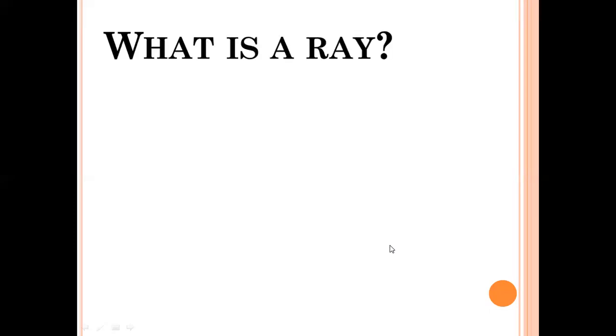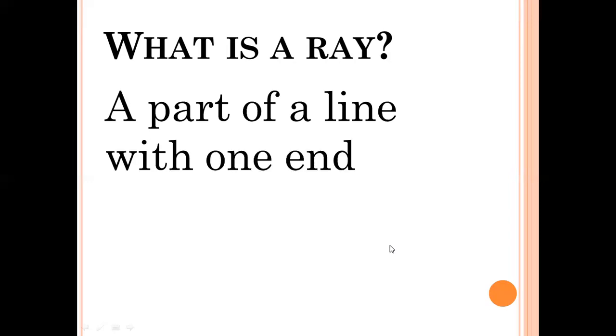Now, there is one more special type of line that we need to talk about, and it's basically a combination of a line segment and a line. We call it a ray. And what is a ray? A part of a line with one end point.